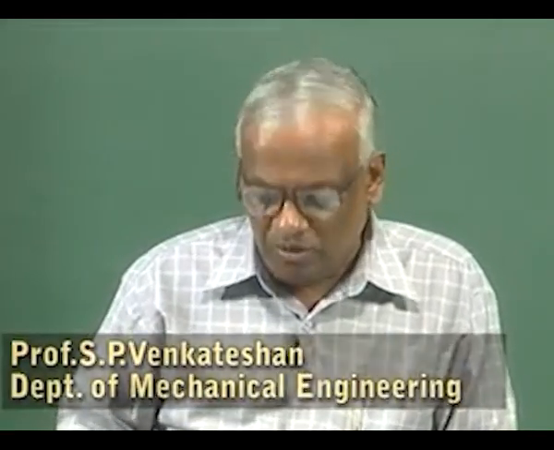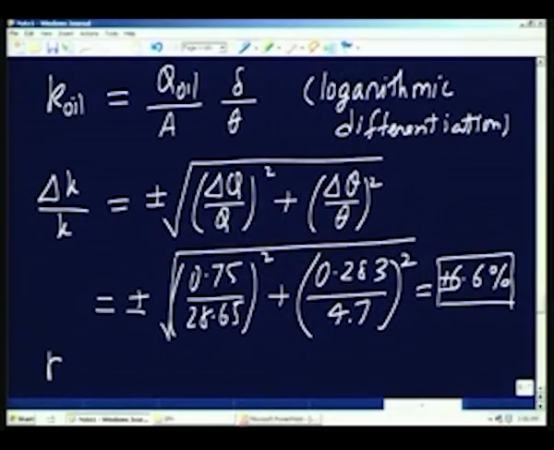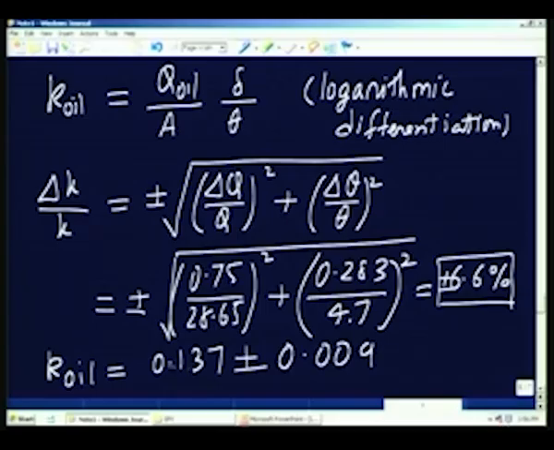We can now write the answer as K oil equal to 0.137, which was determined earlier, plus minus 6.6% of this value, which works out to 0.009 watts per meter degrees Celsius.